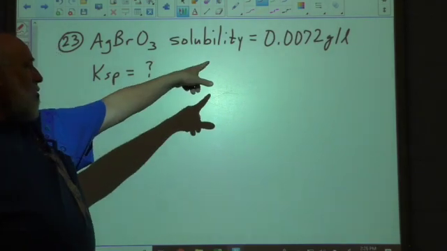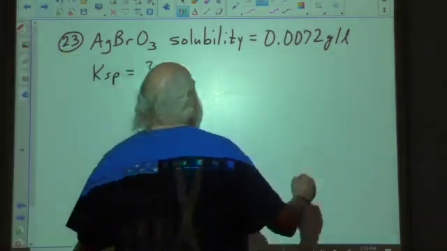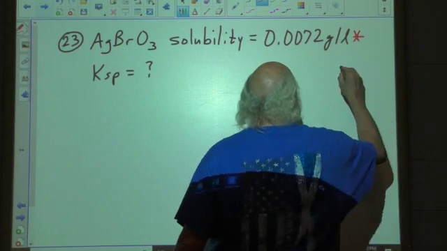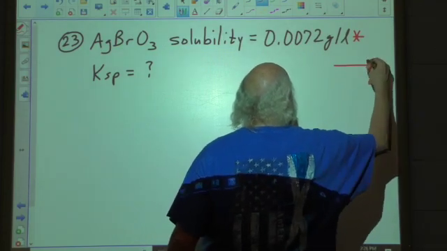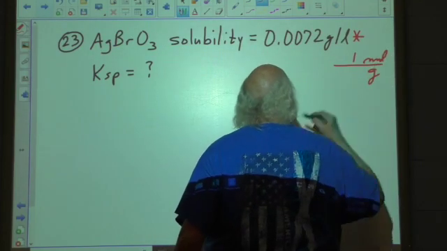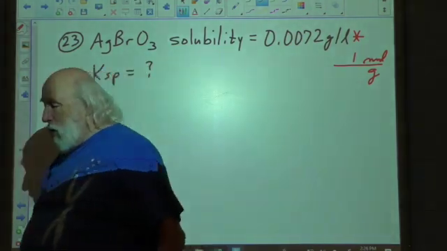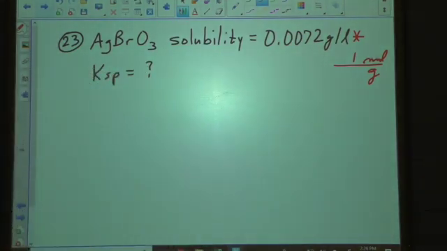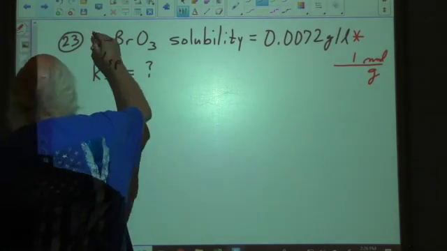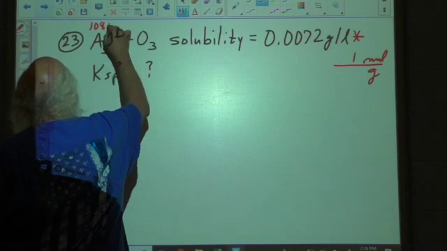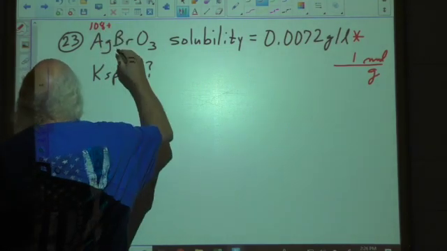So what we have to do is change that from grams per liter to moles per liter. So we put grams on the bottom, moles on top, 1 there. And then we go to our periodic chart. Silver is 108. Bromine is 79.9.